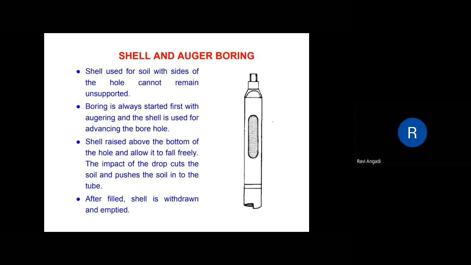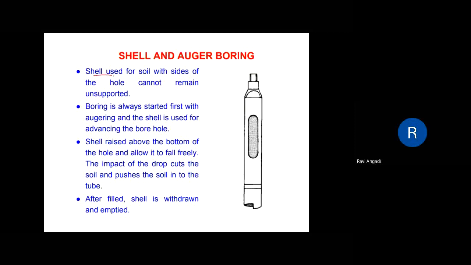Sinker bars are sometimes added to the shell weight, and the raising and dropping of the shell in a hole cuts the soil. This type of shell augering is used to collect samples of the soil.